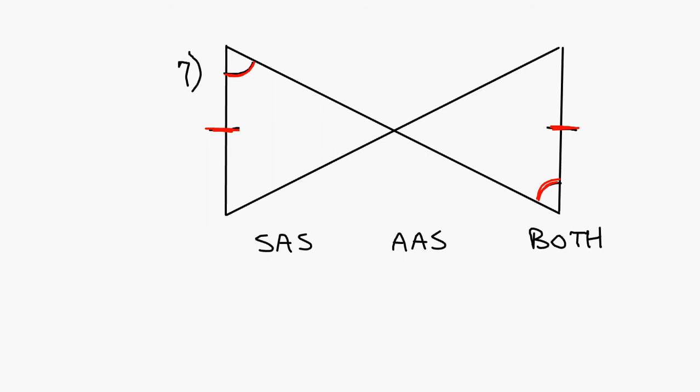These are vertical angles. They are across from each other, so they are congruent to each other. So look what you got. You've got an angle, and a non-included side congruent to an angle, and a non-included side. Okay? So by angle, angle, side, they are congruent. For them to be congruent by side, angle, side, you would have to have two congruent sides. In this case, you don't have that.